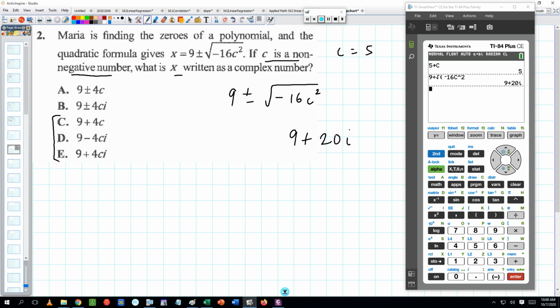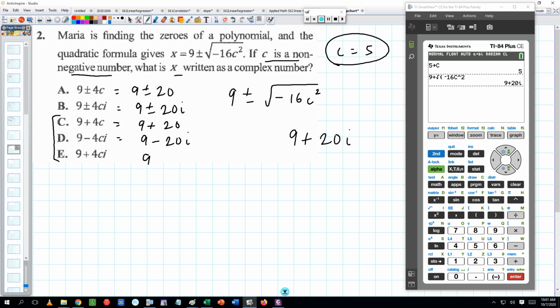Now, if I let c be 5, then 9 plus minus 4ic is 9 plus minus 4 times c, which is 20, so 20i. One of these is going to be 9 plus 20i, and this one is going to be 9 minus 20i. Remember, I'm replacing the c with 5, and I just picked that at random, as long as it's non-negative. 9 plus 4ci would be 9 plus 20i.